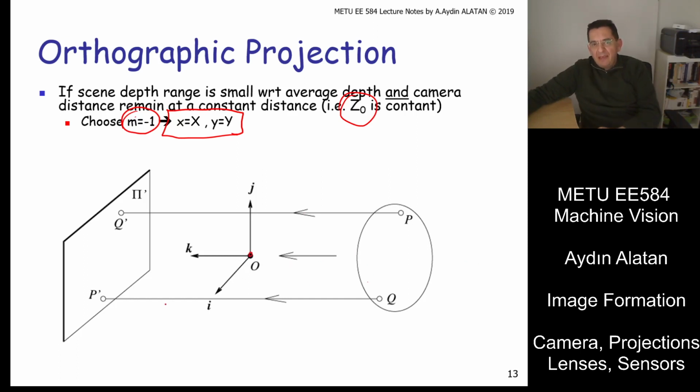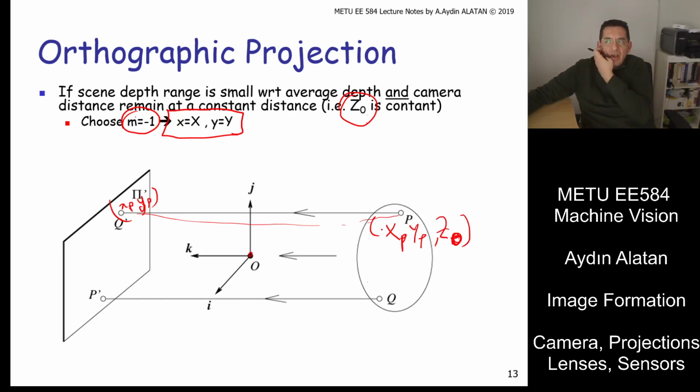It's like infinity here. Hence, you have parallel lines, and capital XP goes to small xp. They're equal. Capital YP goes to small yp. And that ZP is Z0, which is constant and much larger with respect to your depth range. If this is the case, this is an orthographic projection.